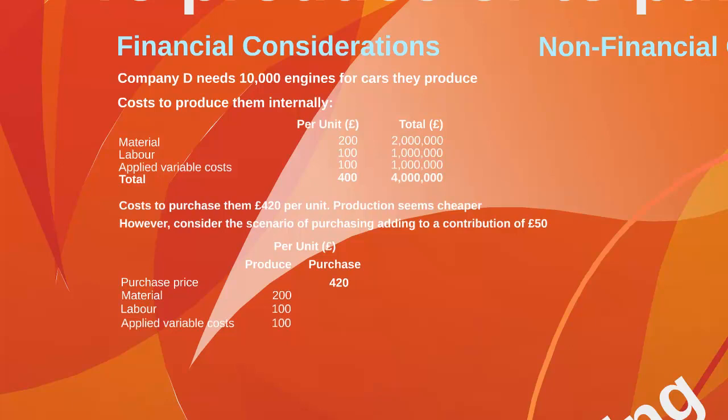As you can see, I've just reiterated them there, but now of course we have to add our opportunity cost of £50, which gives us total relevant costs of only £420 for purchasing, but £450 for producing, meaning that it now costs us £30 more per unit to produce them internally.